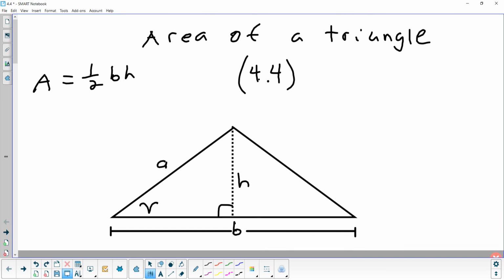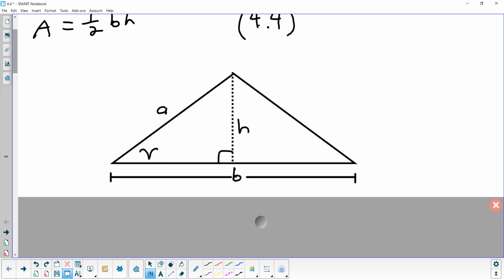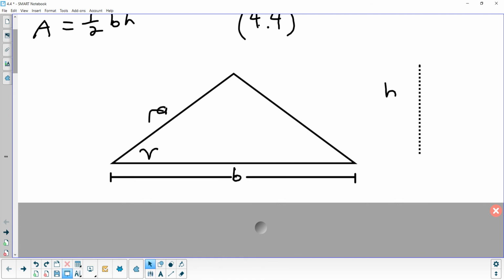All right. So let's start by taking a look at this. Let's kind of break it down. What I've drawn here is a triangle. I'm not going to label everything because I'm not going to use everything. I'm only going to label what I'm going to use.